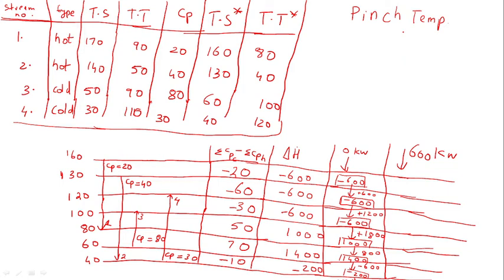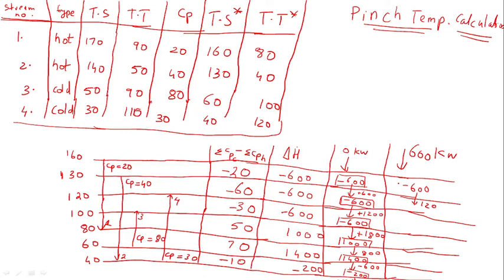So here 1200 will be evolved, which will be added to this.